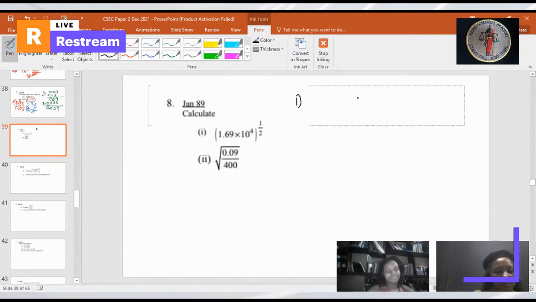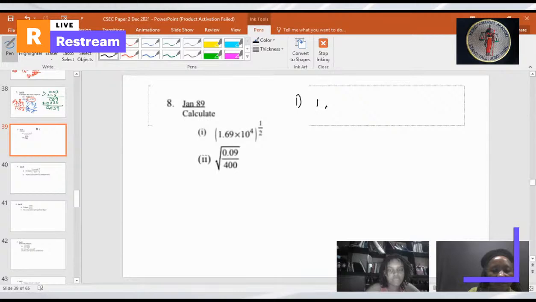So raising it to the half means square root. When you're raising something to the power of a half, it's a square root. So the square root of 1.69 is 1.3.